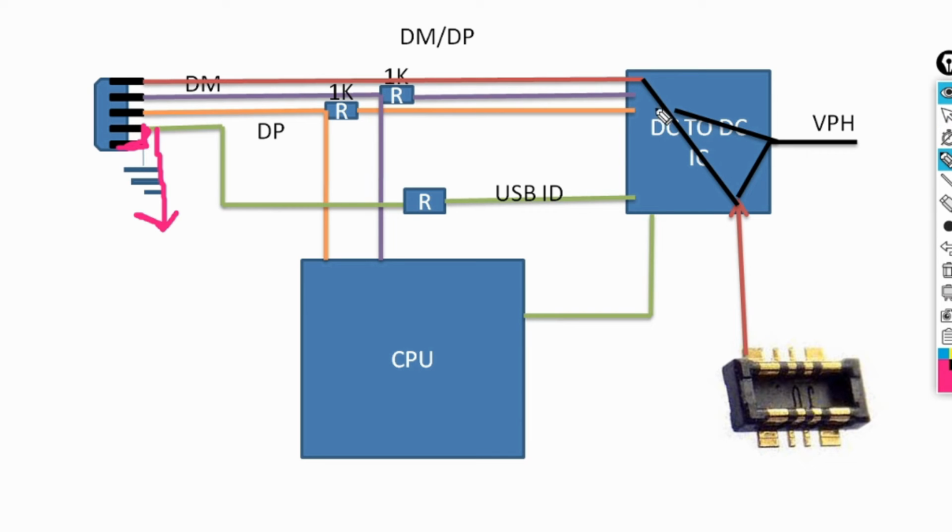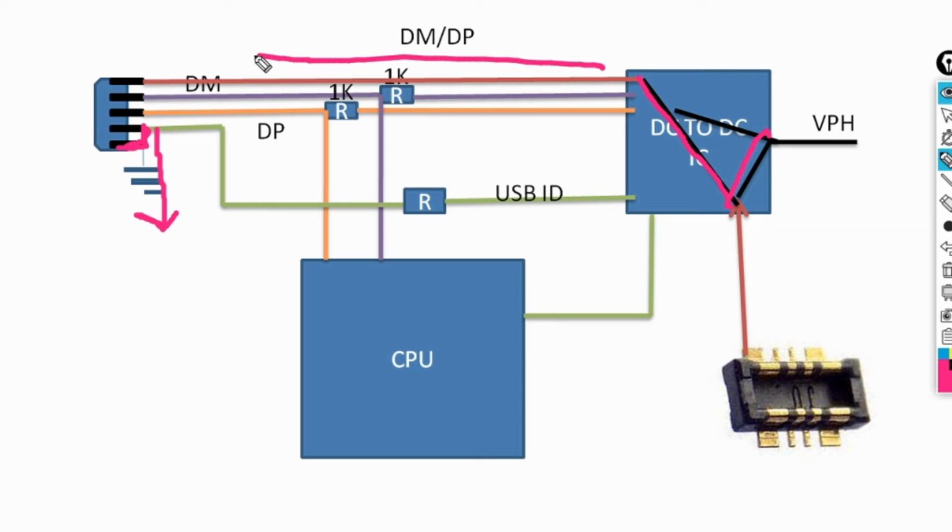But in this line, the battery gives battery power to the VBUS line when the OTG mode is enabled. In OTG mode, it gives power to the VPH and at the same time to the VBUS line.